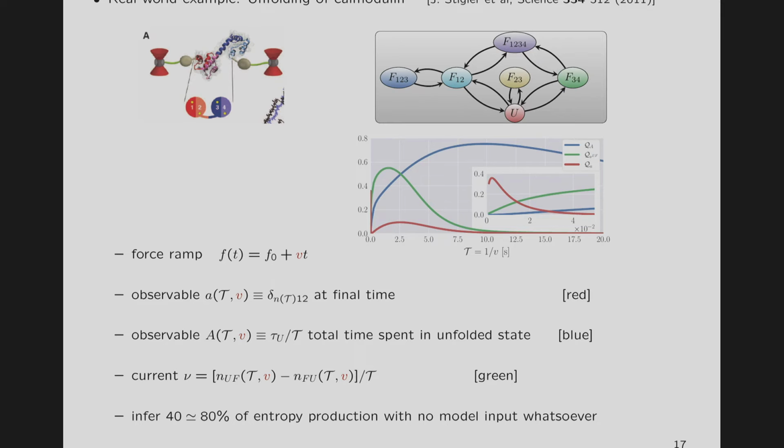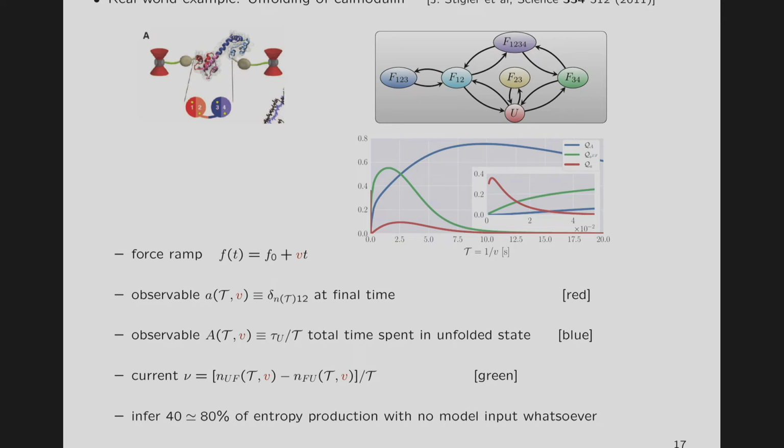So we now assume a time-dependent situation where we ramp the force. We unfold under force. And for instance, we can just look: is the system at the final time in state 1, 2? This is one of these partially folded ones. Or what is the total time spent in the unfolded state?